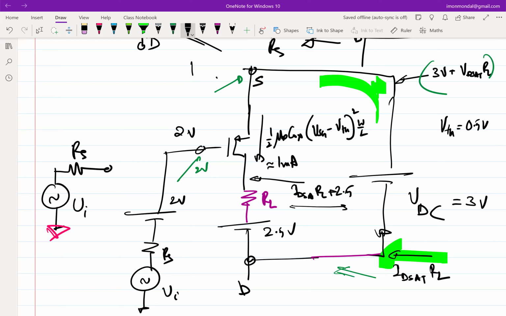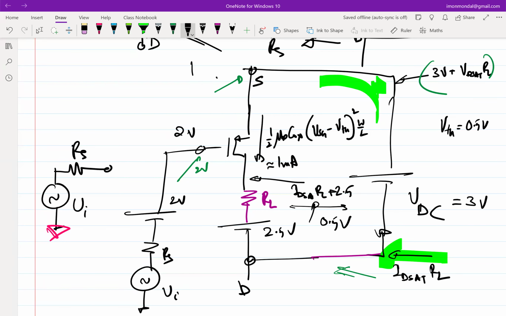Let's say IDSAT times RL is equal to 0.5 volt. So IDSAT times RL plus 2.5 is essentially 3 volt. It's telling me the transistor will be in the linear region, and if the models are valid, it's going to get almost zero current.